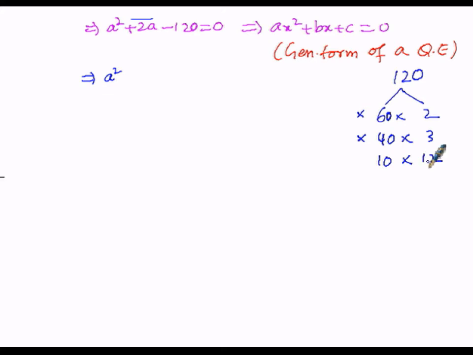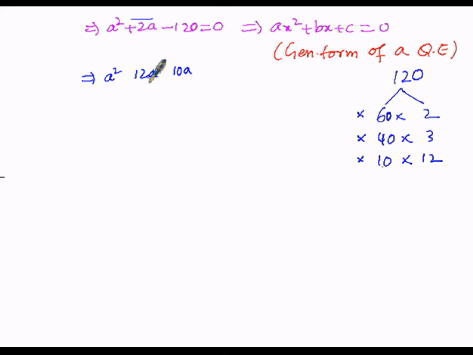Here by adding up these two factors, 10 plus 12 is of 22, not the coefficient of a, but by subtracting greater minus least, 12 minus 10 is of 2, say 2 is the coefficient of a, we can choose 10 and 12 as the factors, that is 10a and 12a. But here we need plus 2.